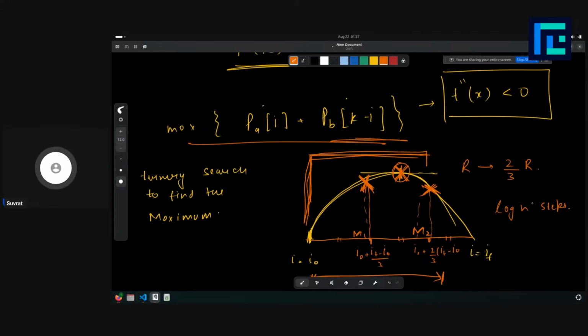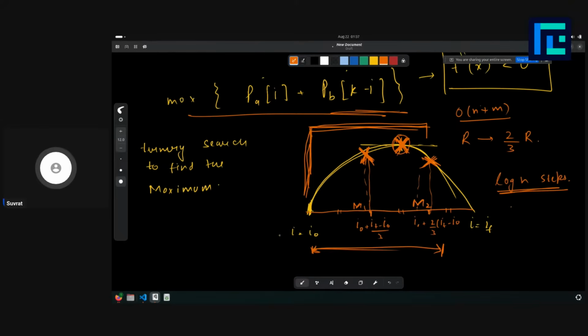The prefix sum would be calculated outside of the queries, so that would be O of n plus m, and queries would be answered in log n, because finding the maxima would be answering the query. So overall time complexity would be O of n plus m plus q log n.